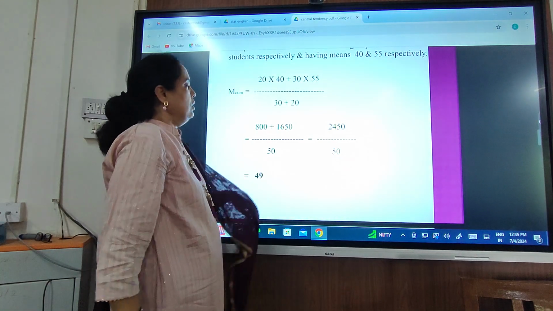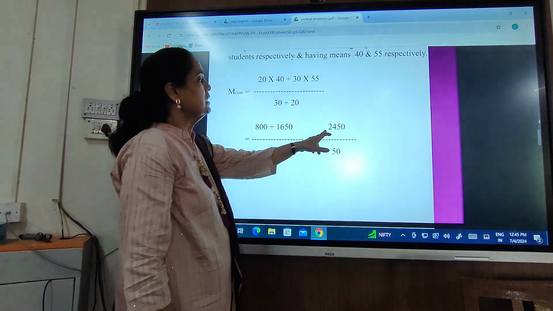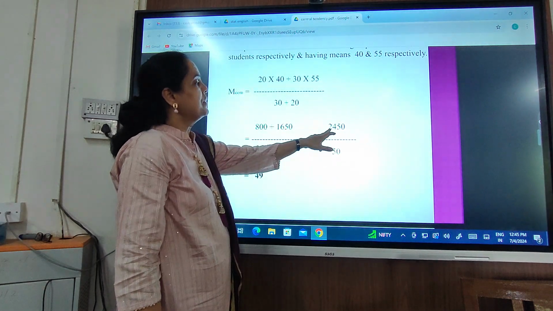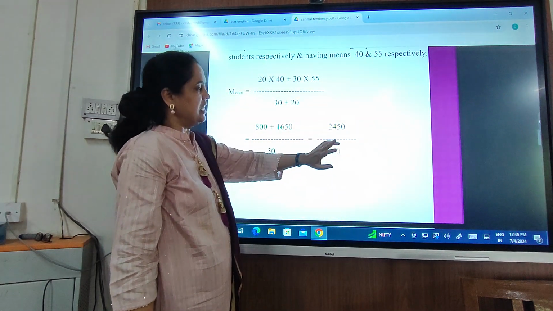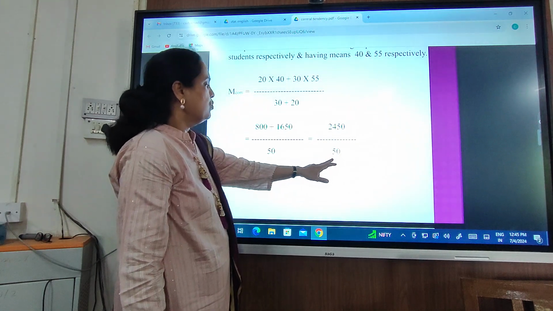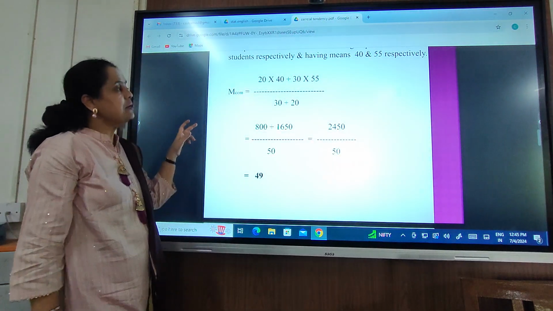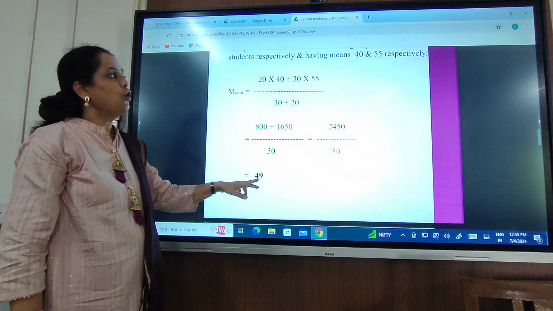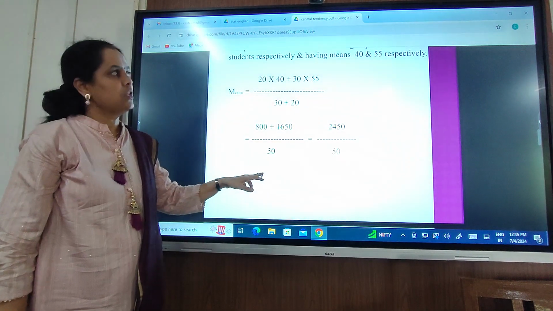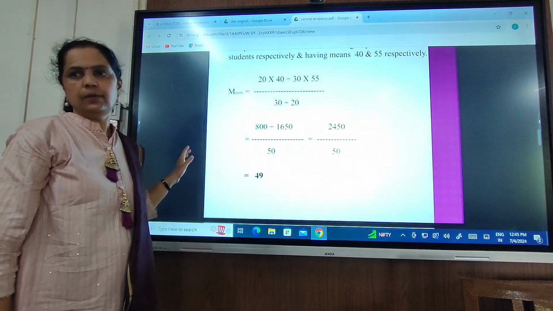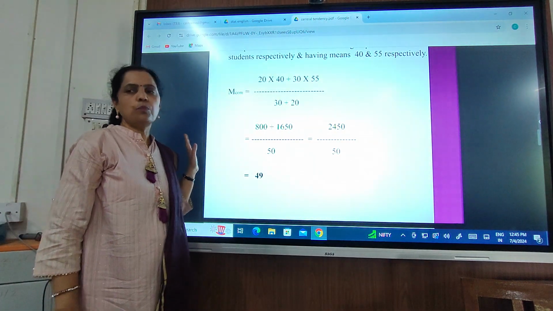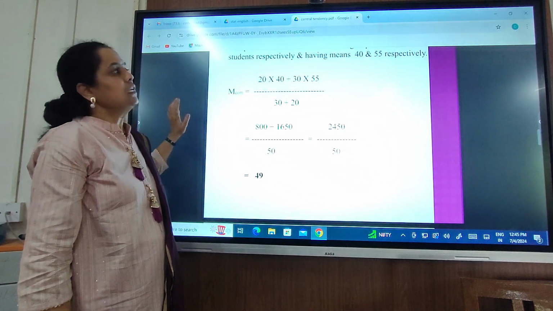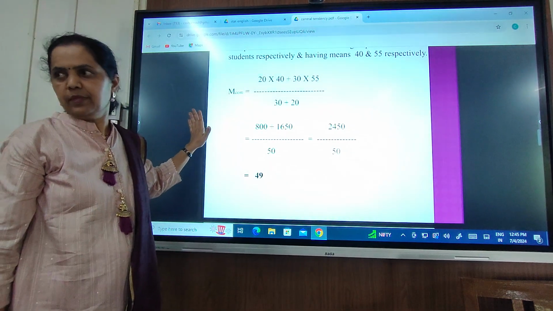So the summation of these two scores is 2450, and it is divided by 50, and the combined mean for the given data of two groups is 49. So we can calculate the combined mean for more than two groups with the help of this formula.